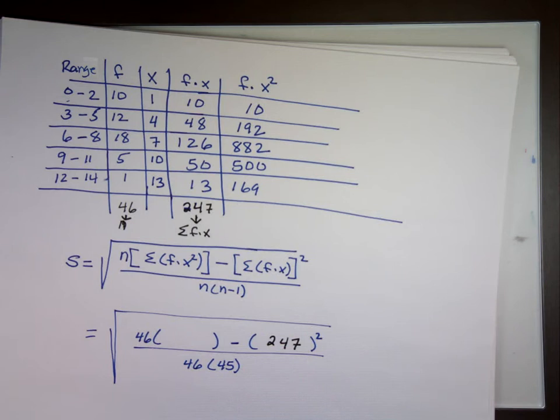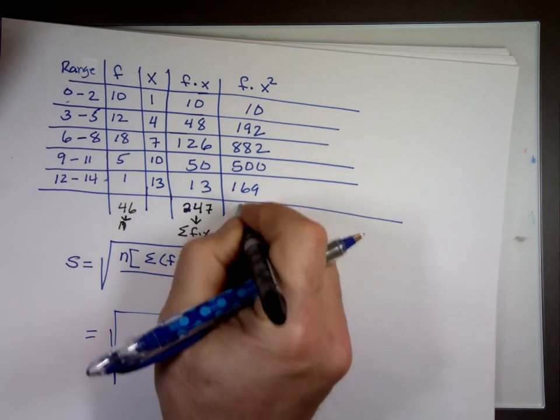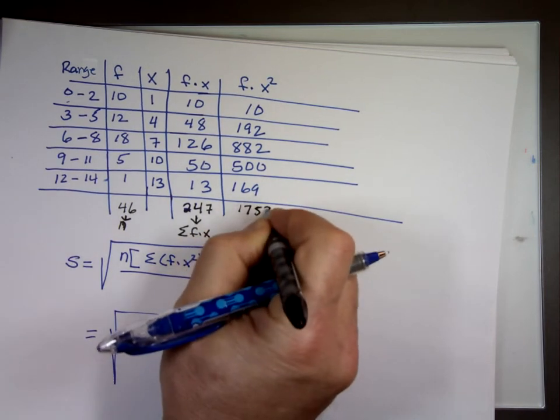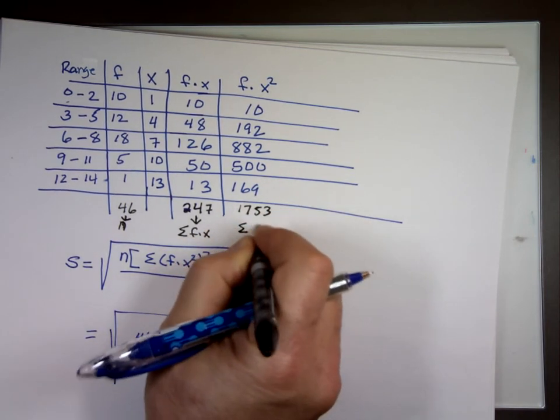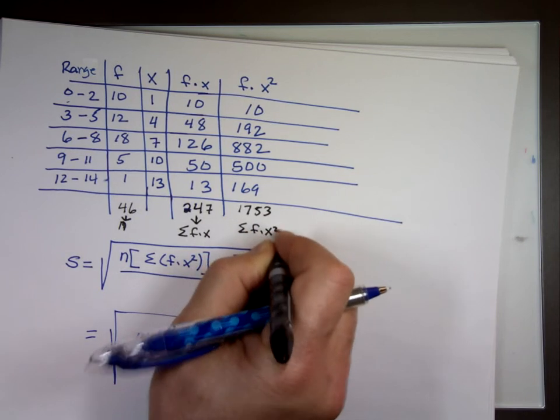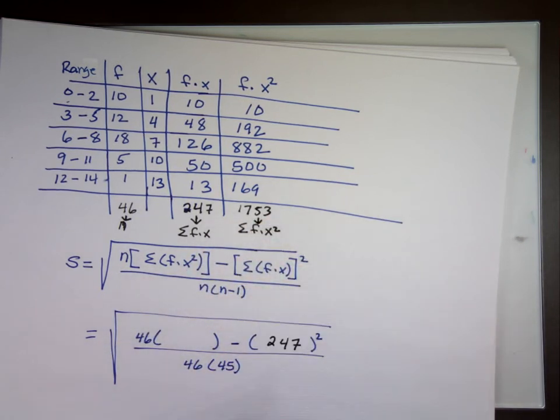And the result is 1753. That's the summation of f times x squared. That's this number right here.